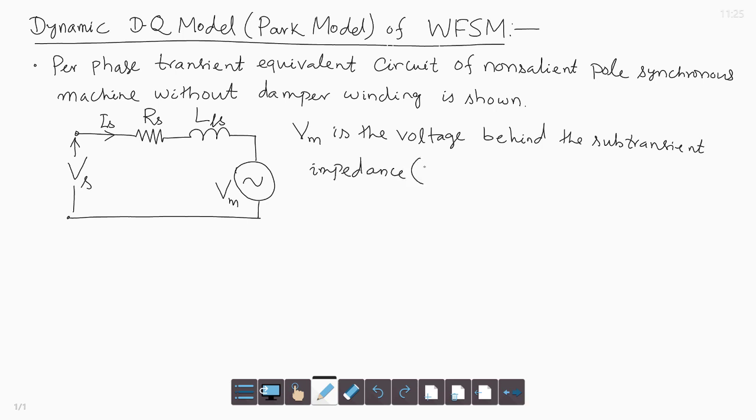The subtransient impedance is the stator resistance Rs plus j omega E Ls. Vm is the air gap voltage. So, there is no D or Q because the rotor is a non-salient rotor. The air gap is uniform, no direct or quadrature axis.